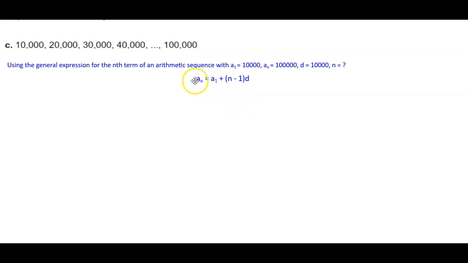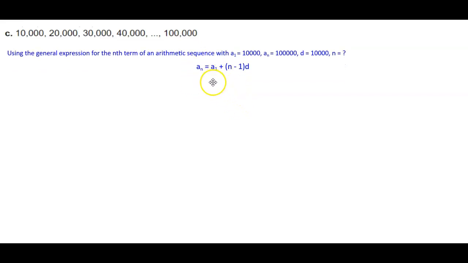So, using our formula, the last term is 100,000, which is equal to the first term, 10,000, plus n minus 1 times the common difference, 10,000. Now we're going to distribute the 10,000 to both of those terms. So 10,000 times minus 1 is minus 10,000, and 10,000 times n is plus 10,000n.